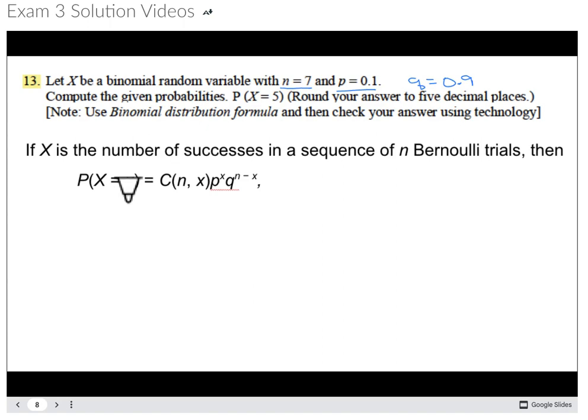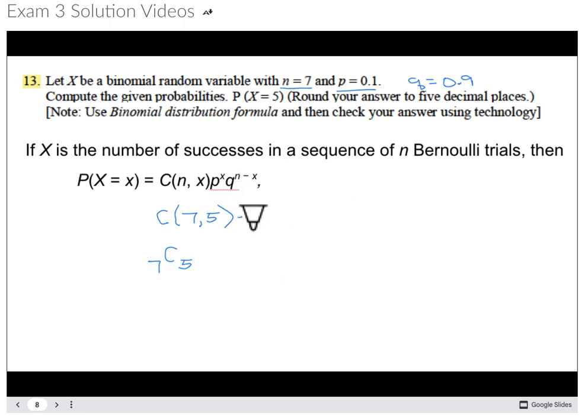So the probability that the random variable is equal to any particular value is this combination. For us, it's going to be the combination of the number of trials, which is 7, with the value of 5. We want 5 successes. Now you might be more familiar with seeing this as a 7 choose 5, so I'll do it that way. That's the way it'll look in our calculator.